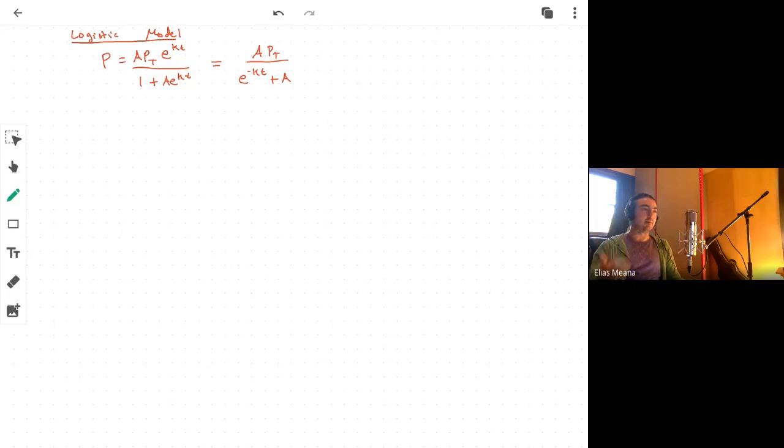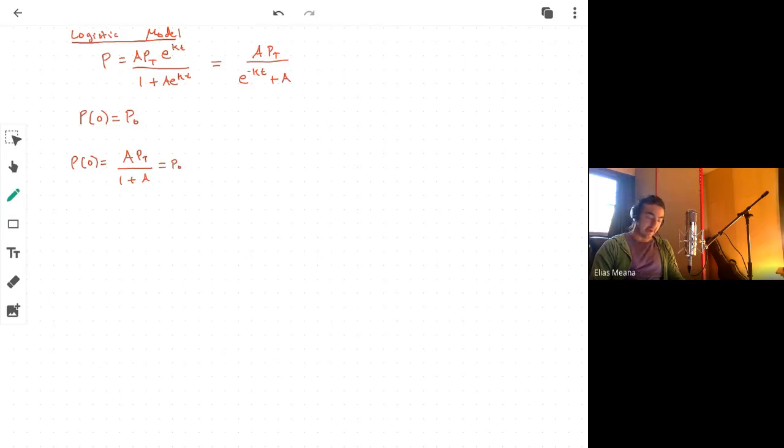Okay, so if we wanted to set a particular initial population, say we have initial conditions that P of 0 is equal to some constant, in our case this would be like 7,000, then we would plug that in. So we get P of 0 is A P_T over just 1 plus A. If we set this equal to P_0, this is what I was saying to Javier, because you were asking me what the meaning of C was.